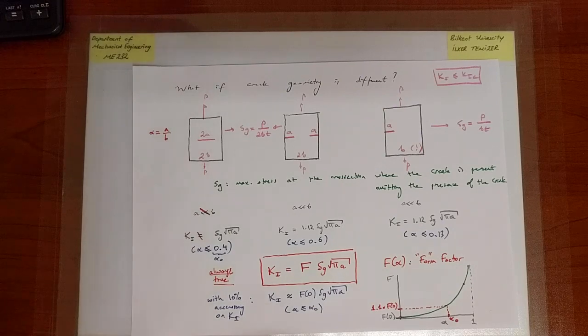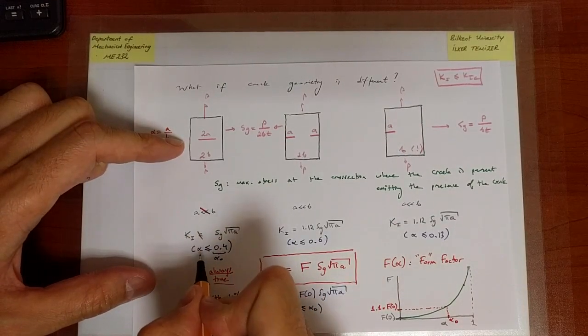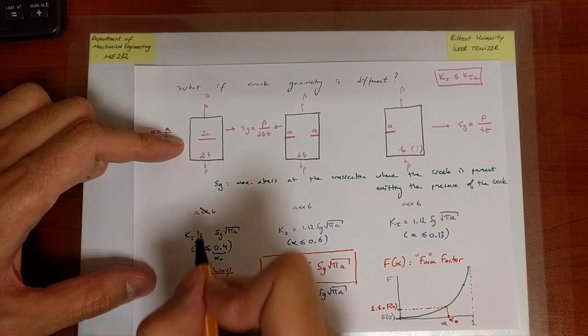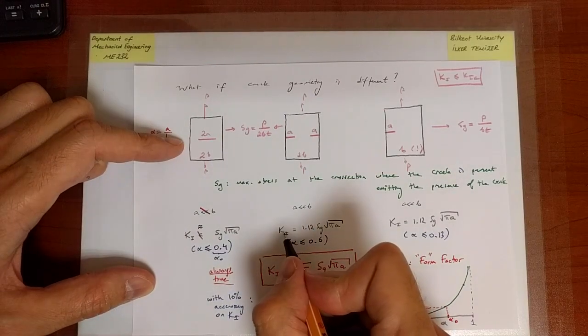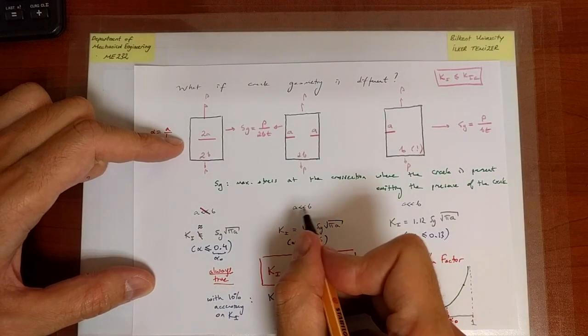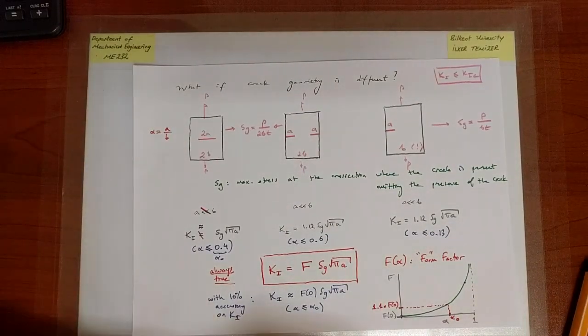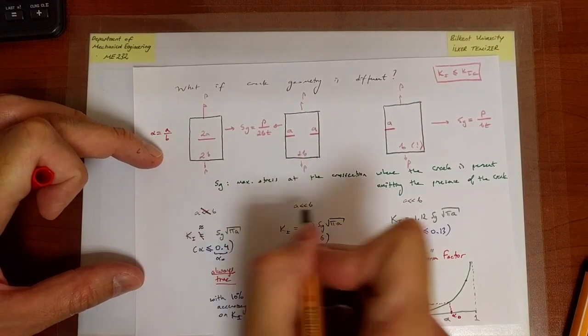Okay, this is true if you can ensure that the 10% accuracy limit is satisfied. So now we have discussed these scenarios, and now this 10% limit, to elaborate further: if this is satisfied, K1 is not exactly equal to S G root pi A, it is approximately equal to S G root pi A. K1 is equal to this if A is much, much less than B, or alpha is much, much less than 1.